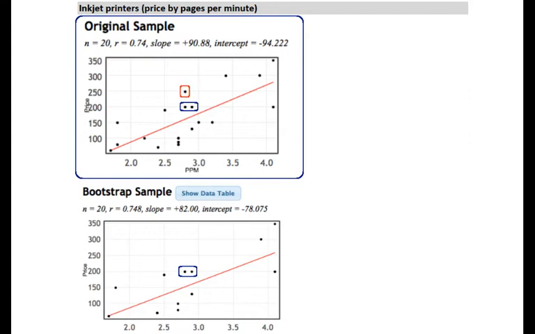Like this point here is on the original, and we see that it did not show up in our bootstrap sample. In general, we expect to see that our original sample statistic is not going to be that far off from each bootstrap sample statistic, although we will occasionally get a few of the more extreme values.